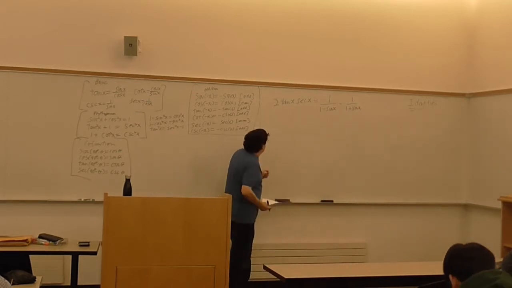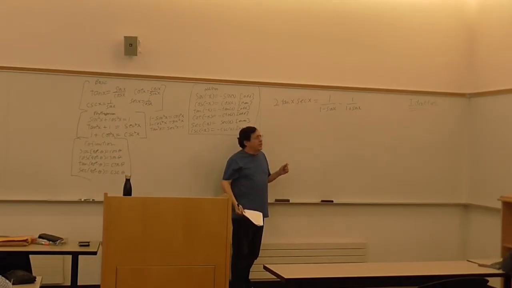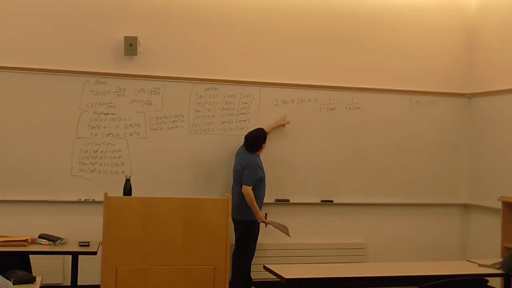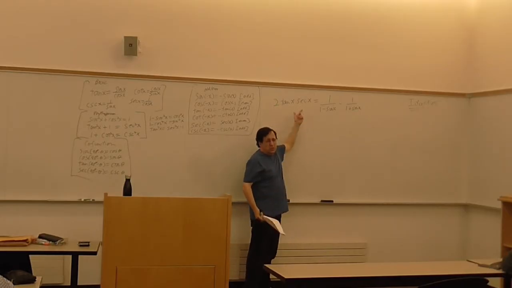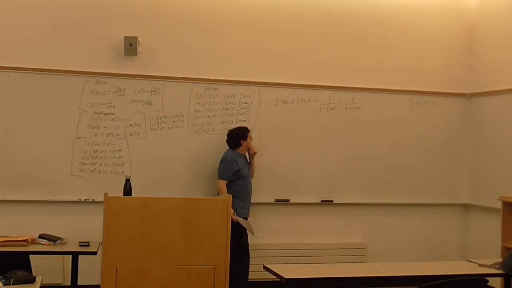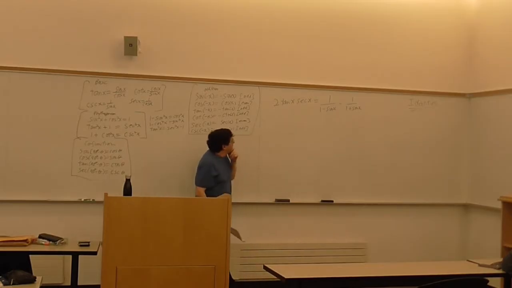I could convert the left to sines and cosines: sine over cosine times 1 over cosine, 2 sine over cosine squared. It doesn't really help me here, does it? It doesn't really tell me where I want to go.